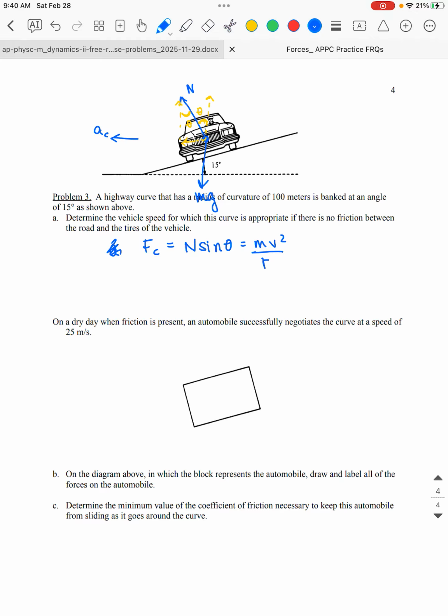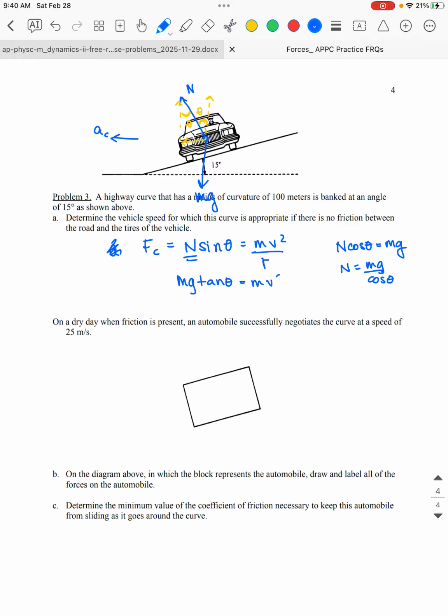We do need the normal force. So this right here is the y component. I need the x component to find the normal. So normal cosine theta has to equal my gravity, because that's pointing straight down. And that means that the normal is equal to mg over cosine theta. I plug that into this normal and I get mg sine theta over cosine theta, which is tan theta.